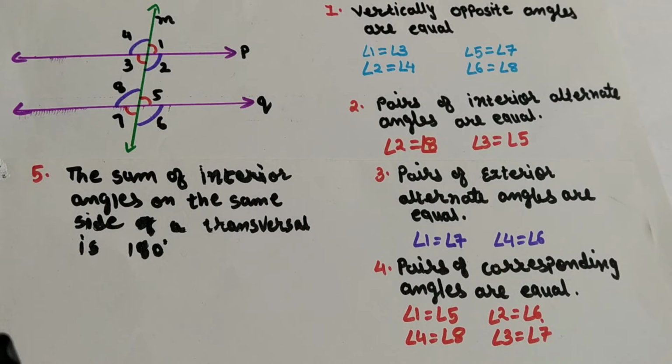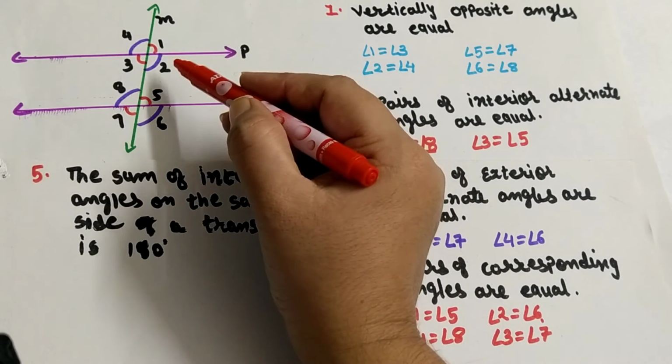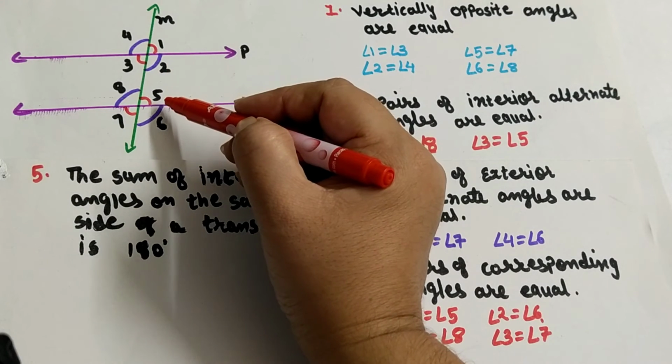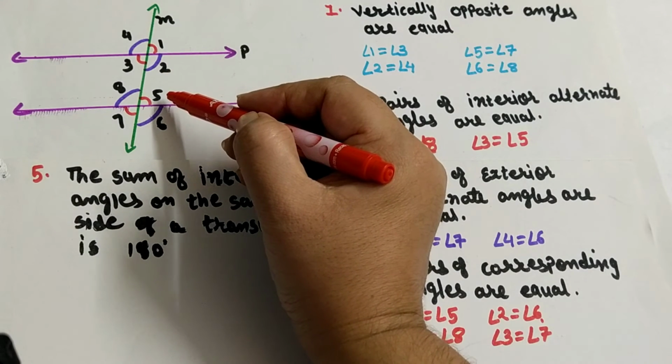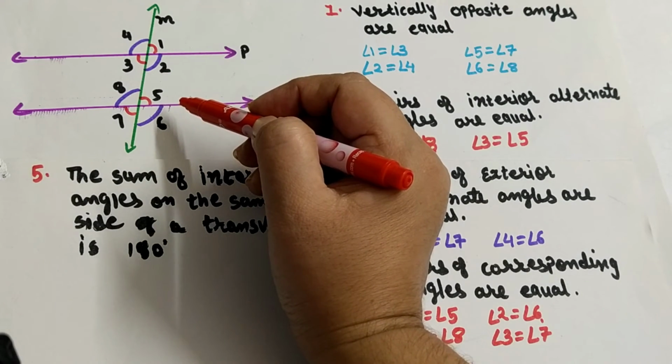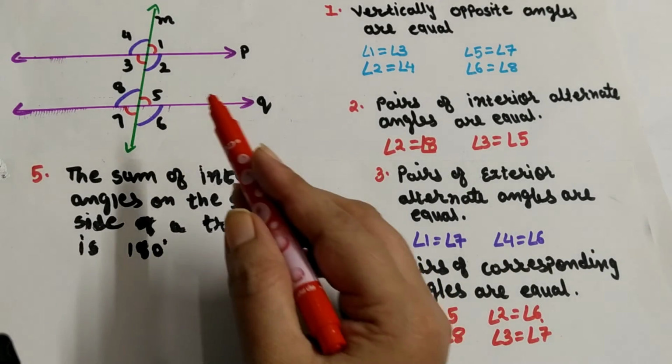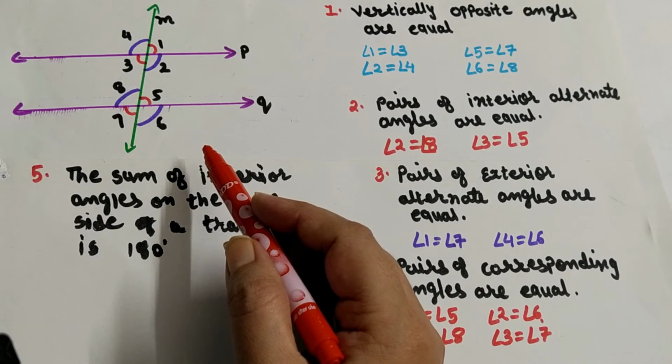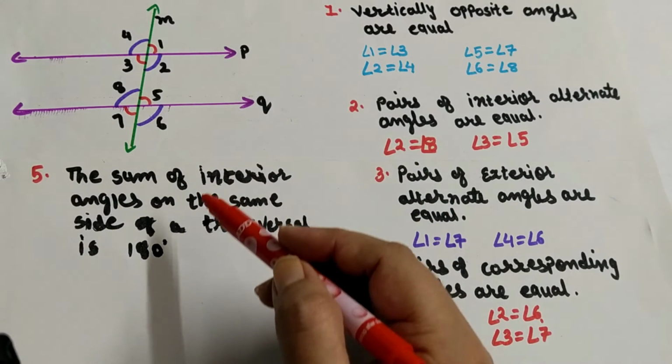The fifth property says that the sum of interior angles on the same side of a transversal is 180 degrees. Here we can see that angle 2 and angle 5 are the interior angles on the same side of a transversal.